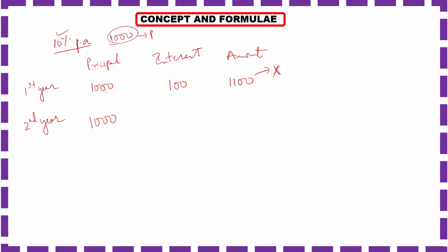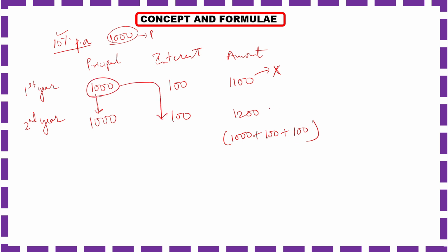You are not borrowing again, but the same principal is carried to the second year also, and interest is as usual 10% of 1,000, that is 100. And now the amount is 1,200. Why this 1,200? 1,000 is the principal, 100 is the interest for the first year, and 100 is the interest for the second year.